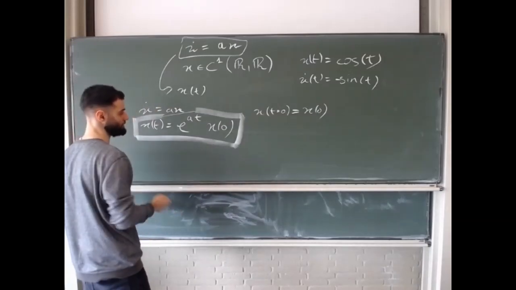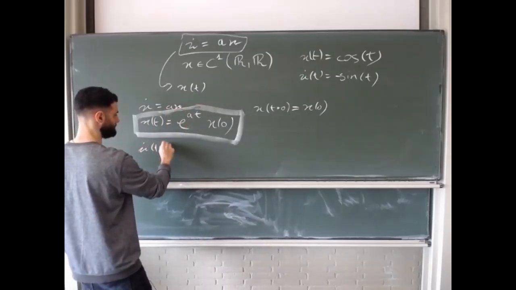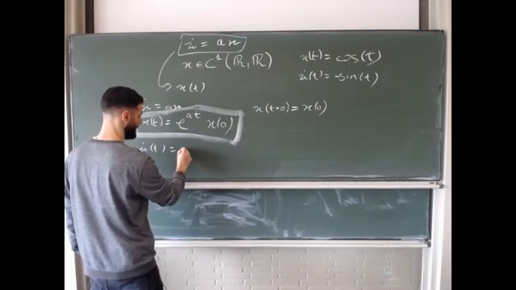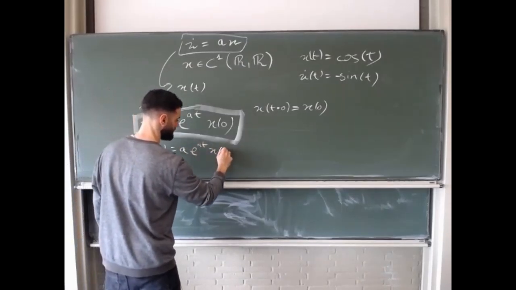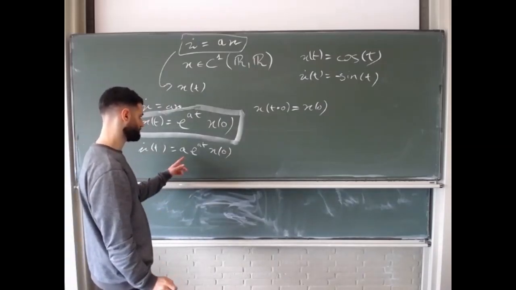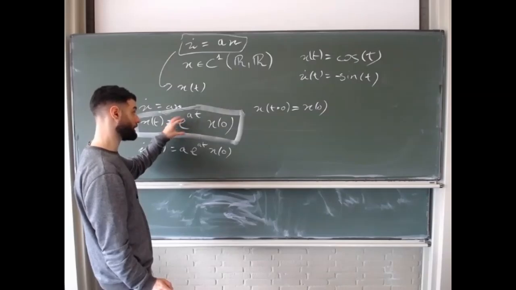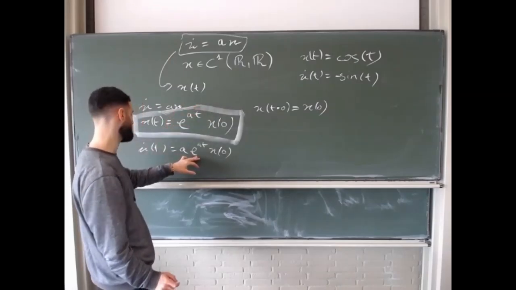This is very easy to prove. You know that x of t is equal to a times e to the at x of 0. Because the derivative of e to the at is a times itself.